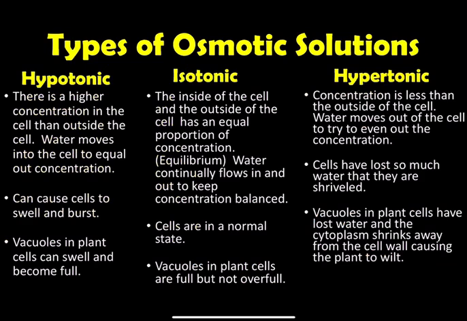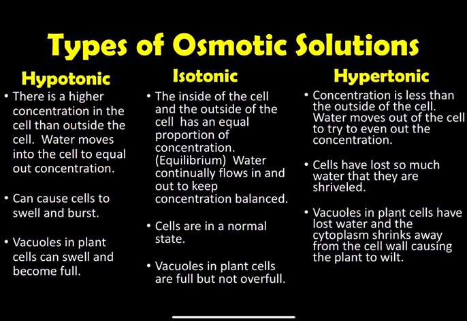Okay, there are three main types of osmotic solutions. The first one is hypotonic. When I talk about hypotonic solutions, I tend to think of a hippo. They are really big and fat, and there's a lot of water inside of those hippos.